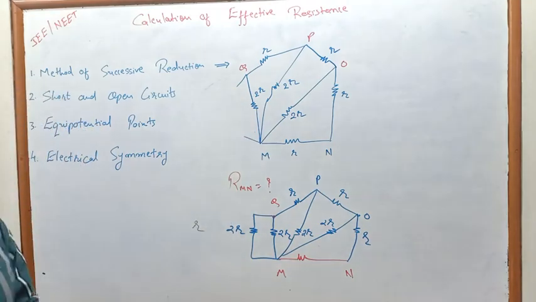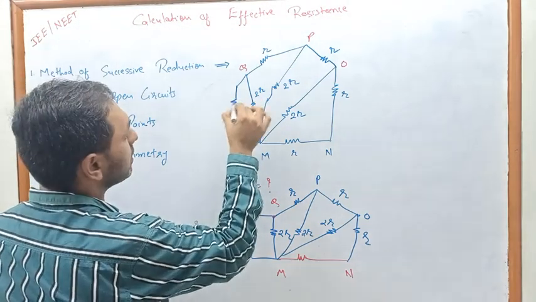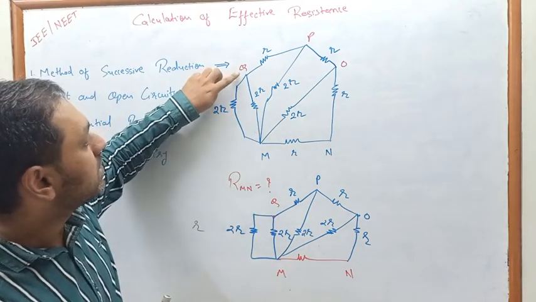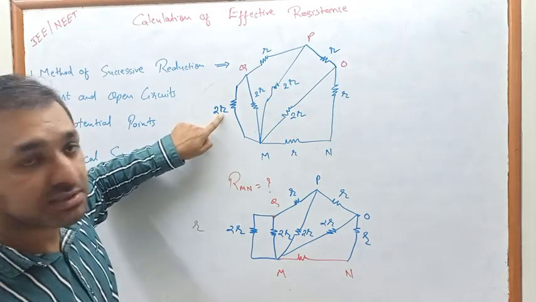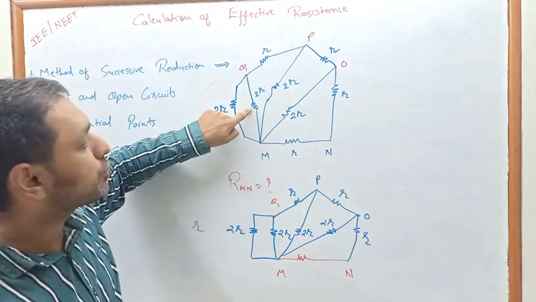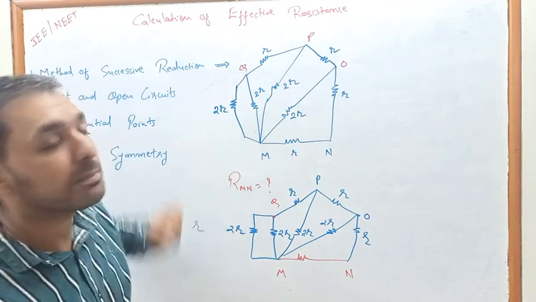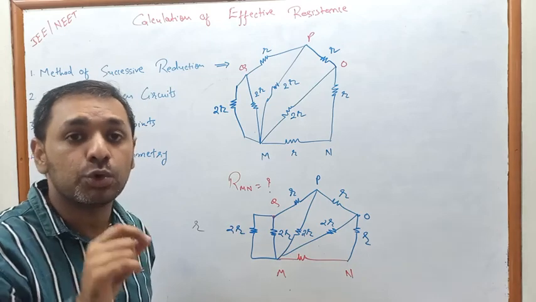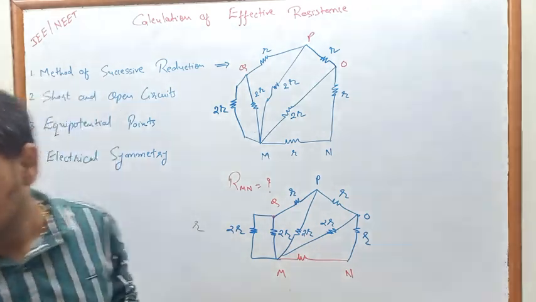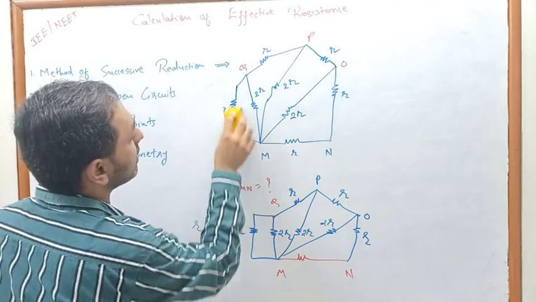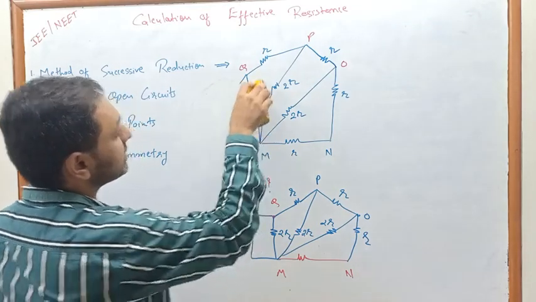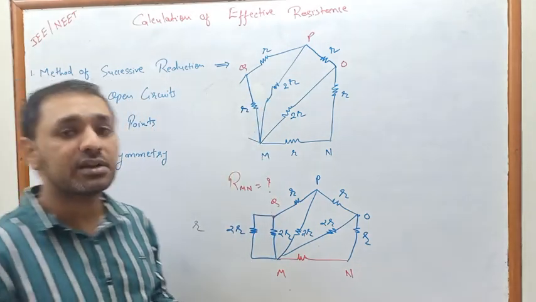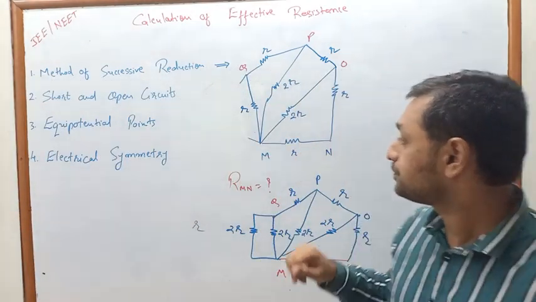Between point Q and M, these two 2R resistances are in parallel, so instead of these two resistances, I can put one resistor whose resistance is R. So I will reduce this, and the value of the resultant resistor is R.